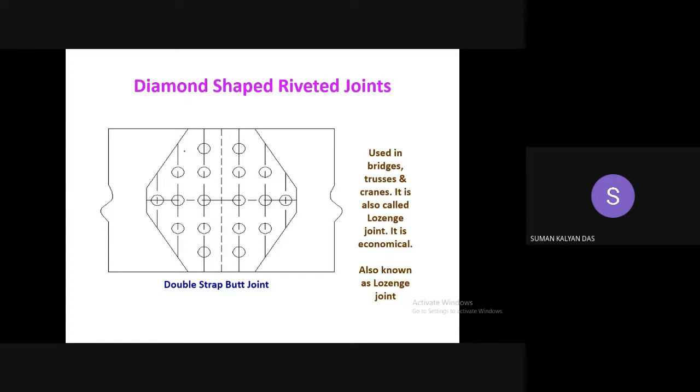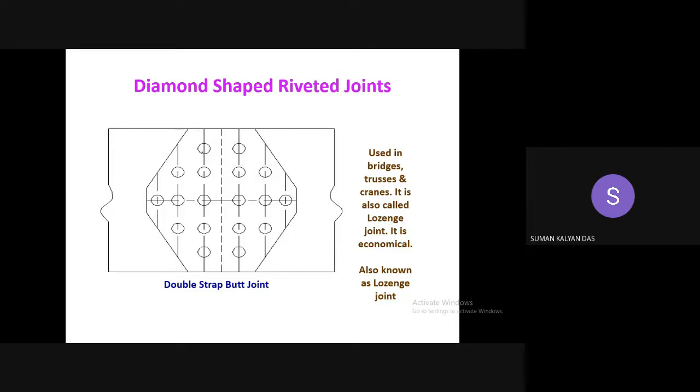The advantage of having this type of joint: first of all, the uniqueness you might have noticed is that this is a butt joint. We are seeing from one of the sides; this is the butt line between the two original plates, and this is the top cover plate.